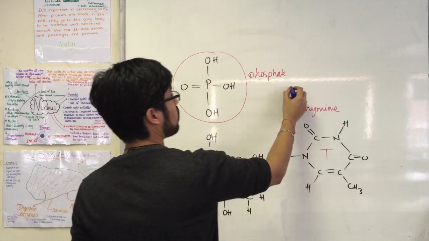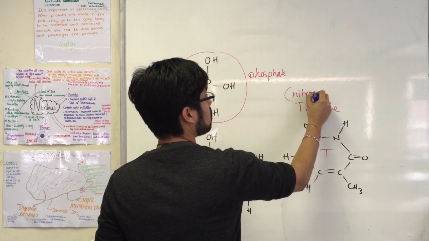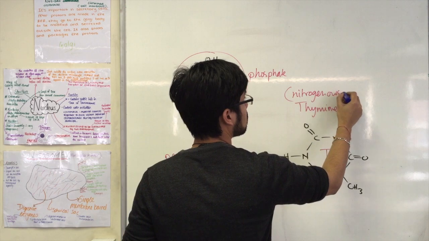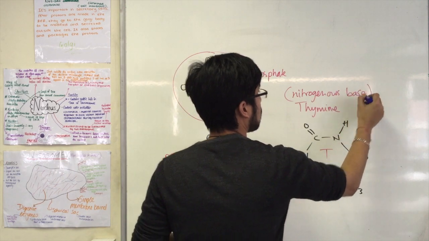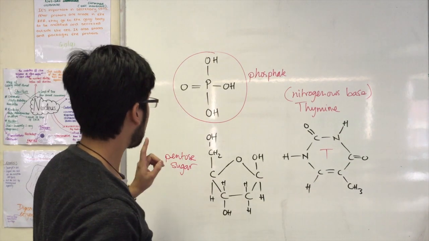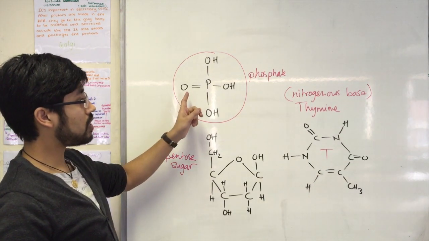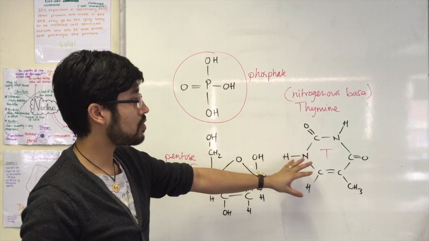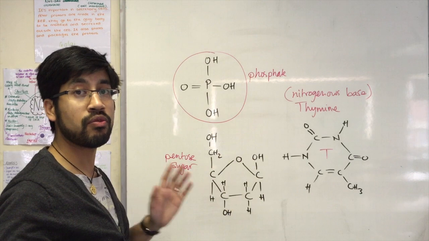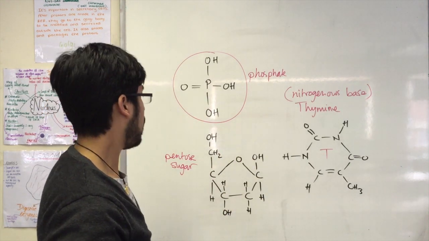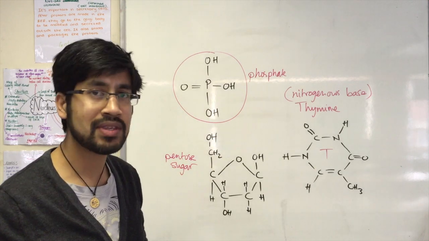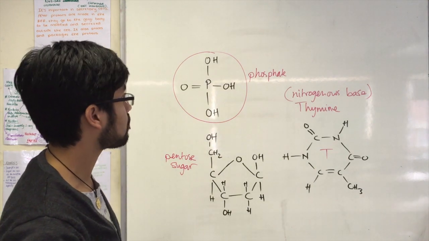Thymine is the example that I've got here, but in a general nucleotide, we would call it a nitrogenous base. So 3 components of a nucleotide: pentose sugar, a phosphate molecule, and a nitrogenous base. In this case, I've got thymine. It could be one of 4 others. We'll discuss the specifics of bases and their combinations later.